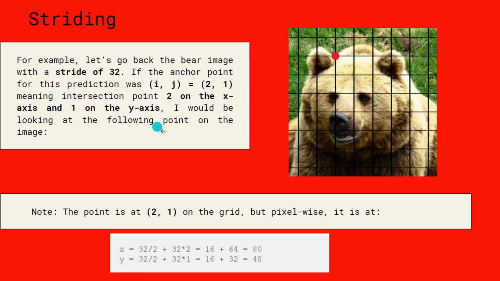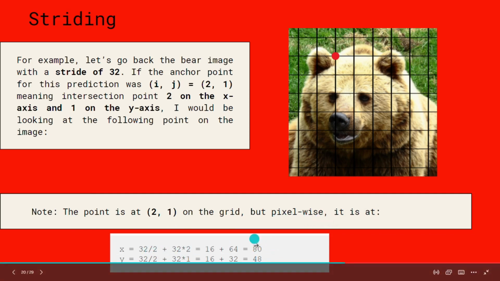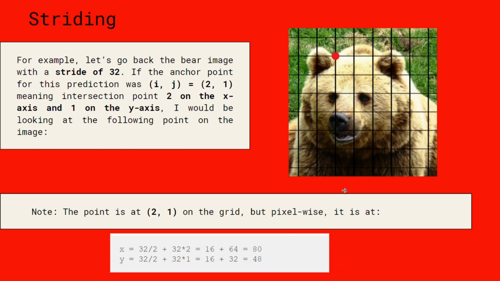I would be looking at the following point on the image. The point is at 2, 1 on the grid, but pixel-wise, it is at 80 and 48, and this is computed by using the formula that we have seen on the previous slide.